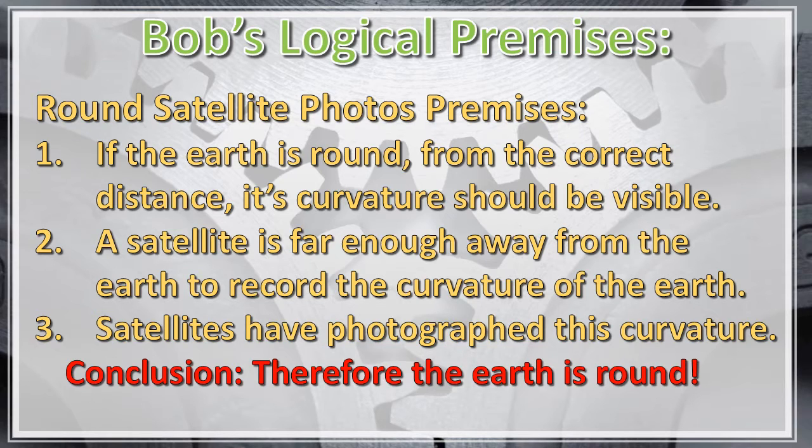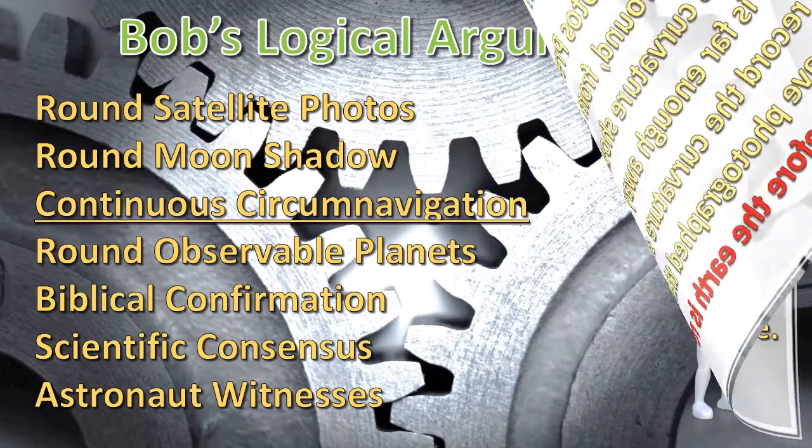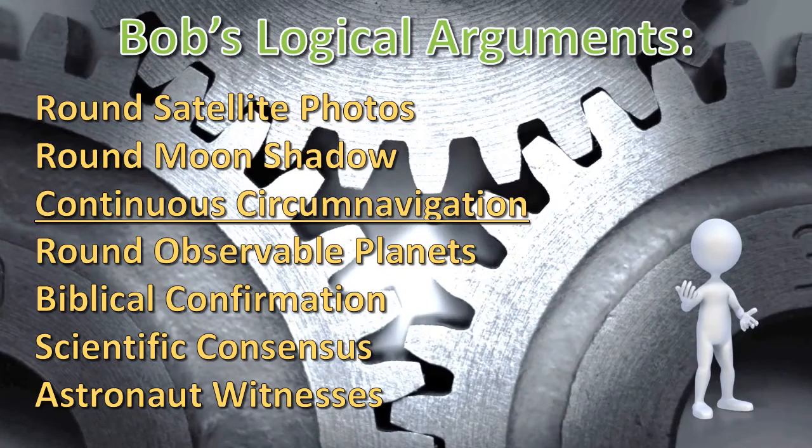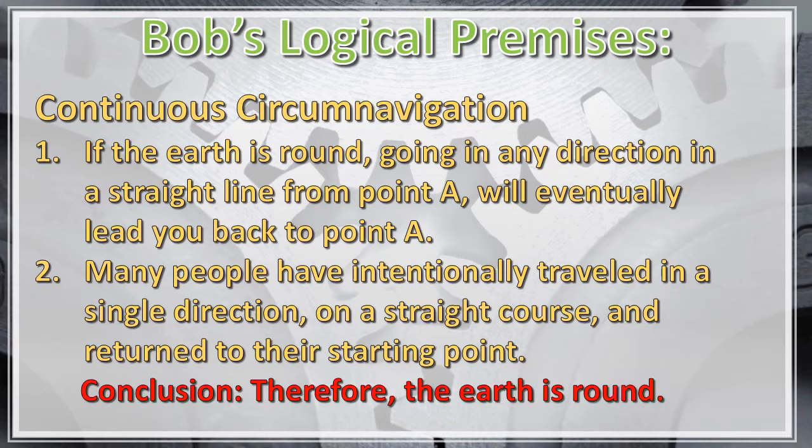This is what's called a formal argument, because it's simply breaking down an argument into easy-to-digest pieces so we can analyze it better. Let's look at one more example from one of Bob's arguments and break it down again to see how we intuitively do this with most truth claims that we hear. In Bob's continuous circumnavigation argument, there were some implied premises.